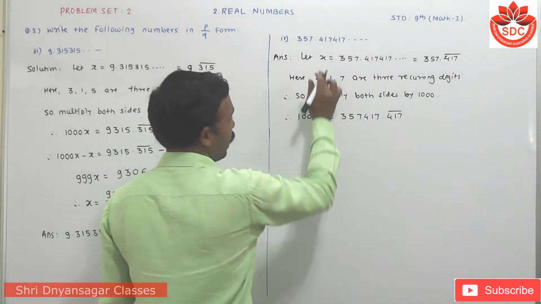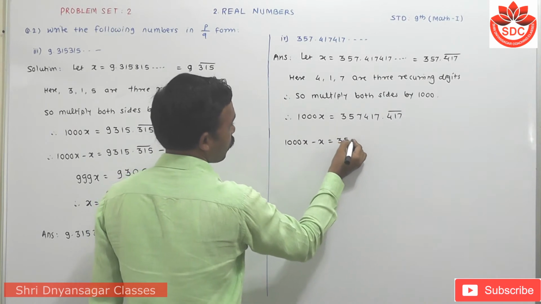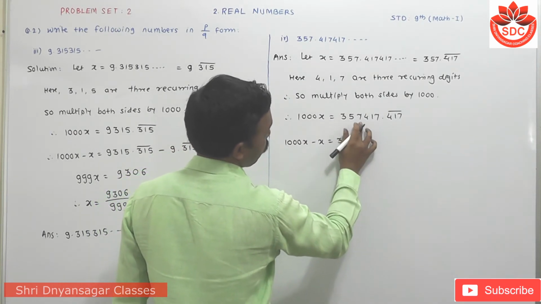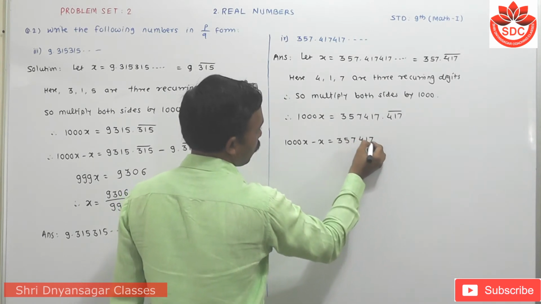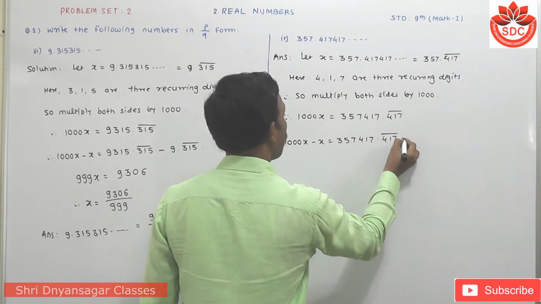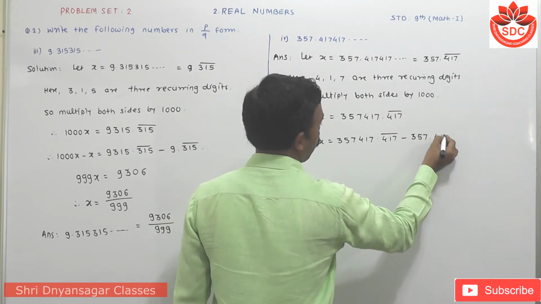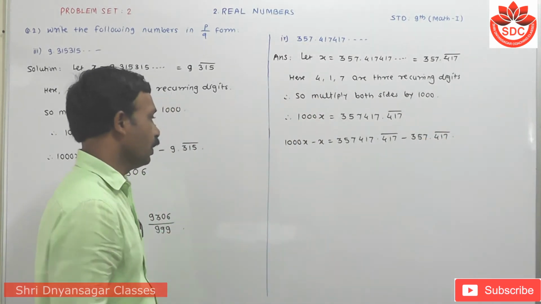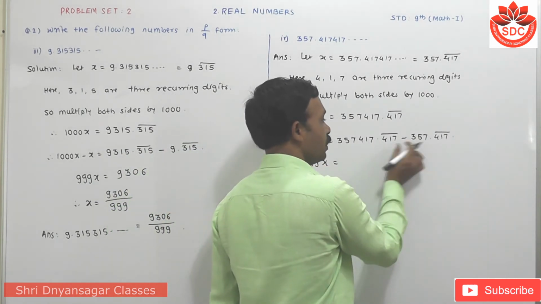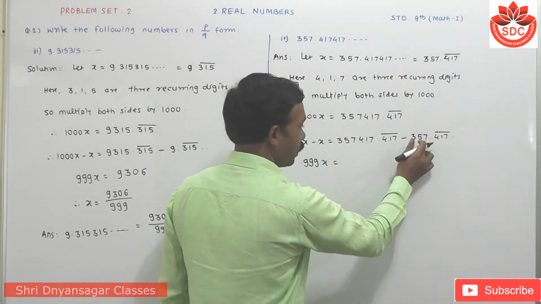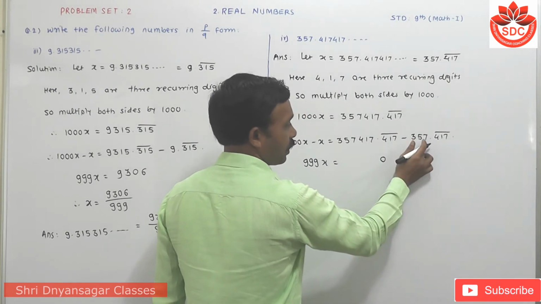Student, when we subtract this x from this 1000x, then it becomes 3,57,417.417 recurring minus 357.417 recurring. This subtraction becomes 999x equals. Student, look carefully, the recurring part becomes 0. So when we subtract this 357 from this number, we get 7 minus 7 becomes 0.